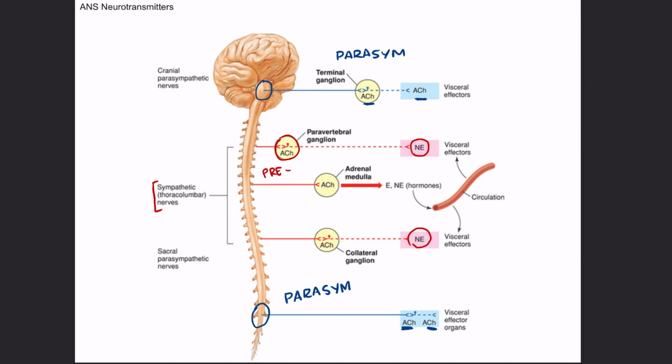These are called adrenergic. Notice this one is going to impact the adrenal medulla, and it causes the adrenal medulla to release epinephrine and norepinephrine. And remember that epinephrine and norepinephrine are also called adrenaline and noradrenaline, which is what gives us that fight or flight response.